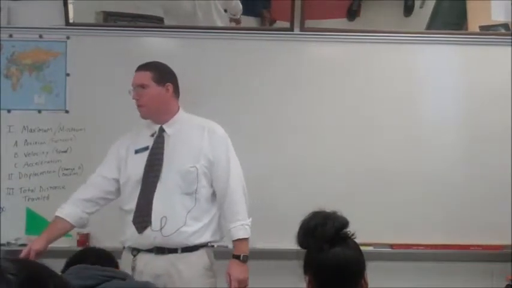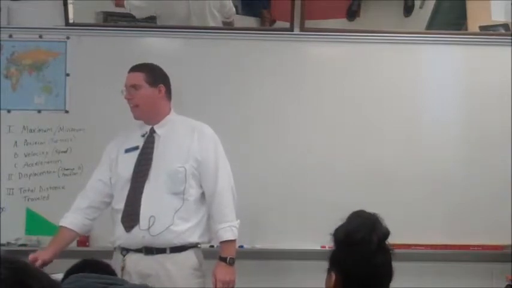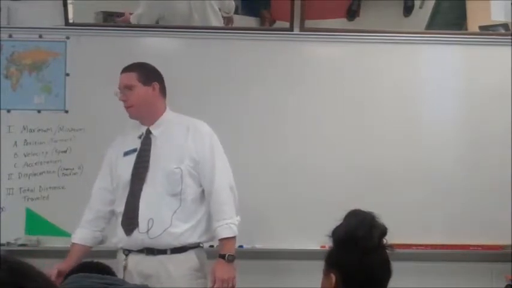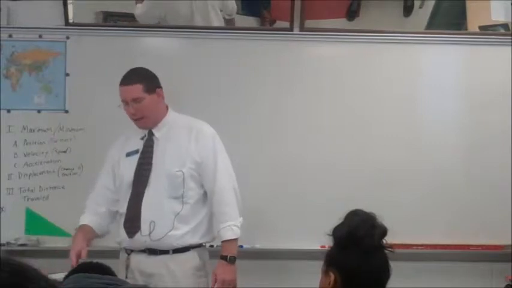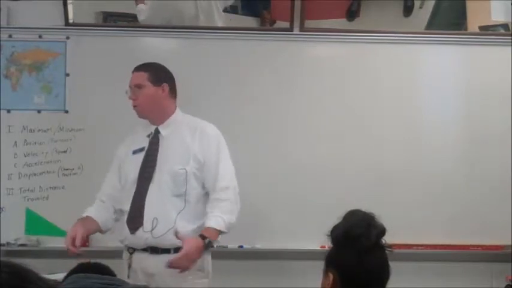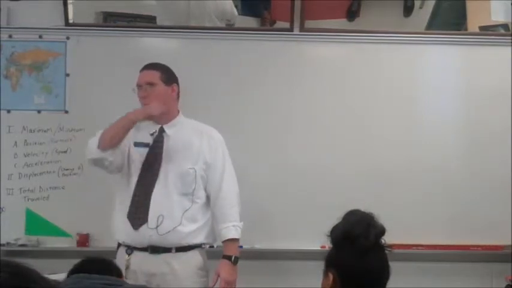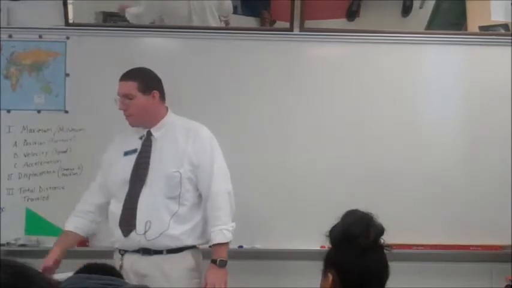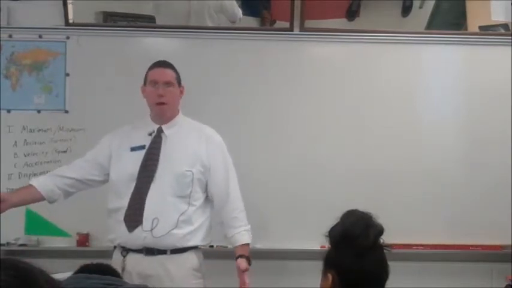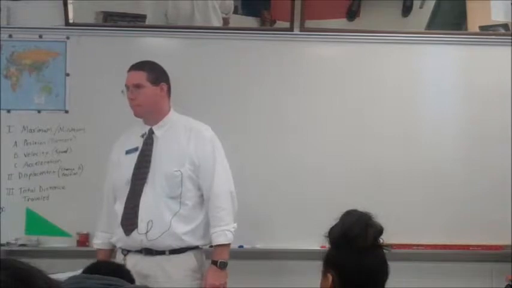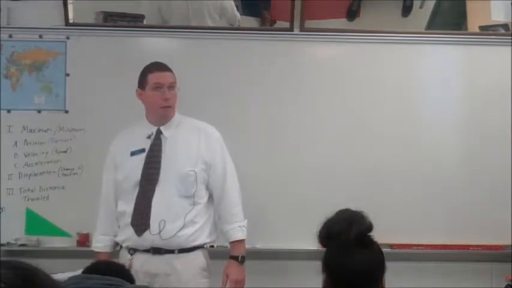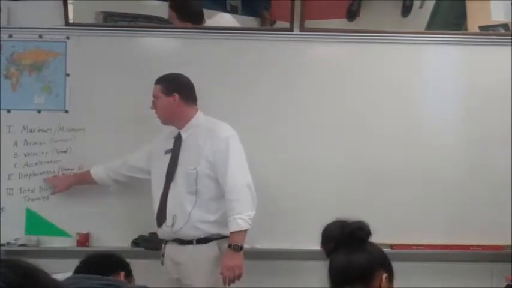If somebody saw me standing there and then they had a coughing fit and they were looking down or closing their eyes for the whole 20, 30 seconds it took me to do all that walking, and then they opened their eyes and I was standing over there, they'd say, oh, he moved 3 feet. Right? Is that reasonable? Okay. My displacement.